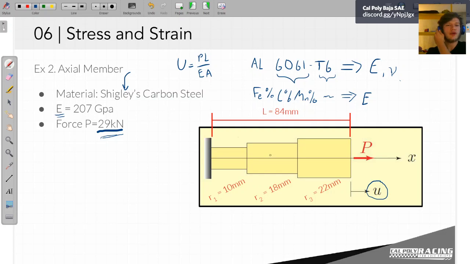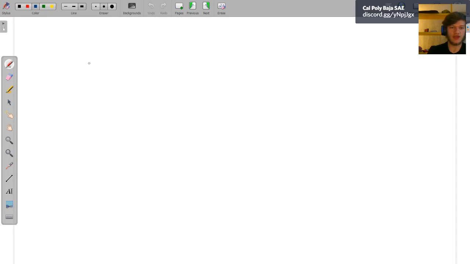We want to be able to sell this to car manufacturers, and we want them to be comfortable with letting people use this. We want a good way to describe this. So let's go ahead and add a new page. I'm going to take my body and start drawing a free body diagram on here, and we'll go along as we do.